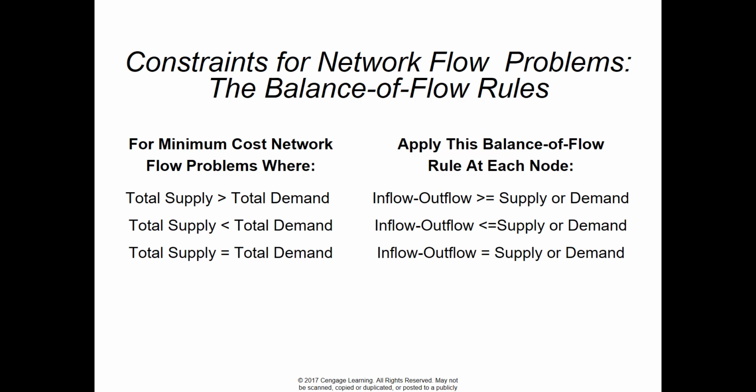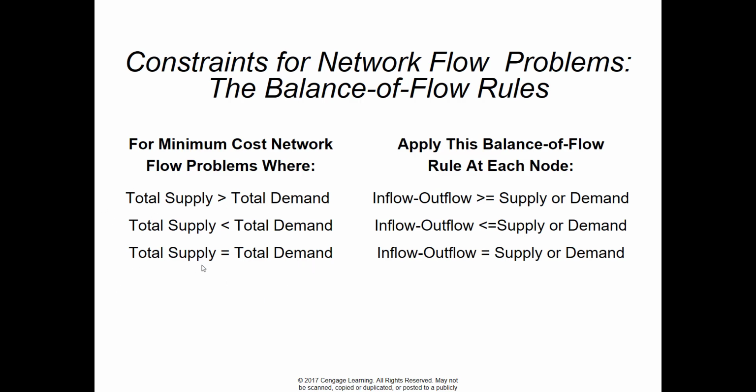So the first column talks about the whole problem itself, but this talks about each node level. First we have to find out whether total supply is greater than total demand. If so, then at each node we have this kind of constraint. So the sign of the constraint depends on the whole problem itself.